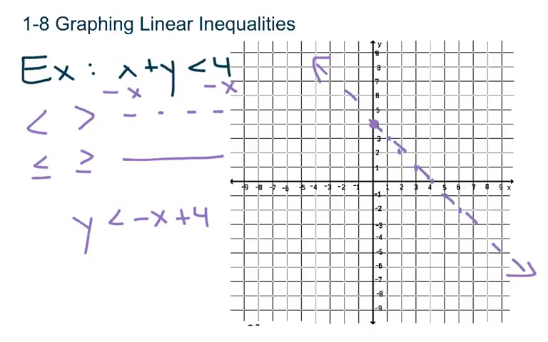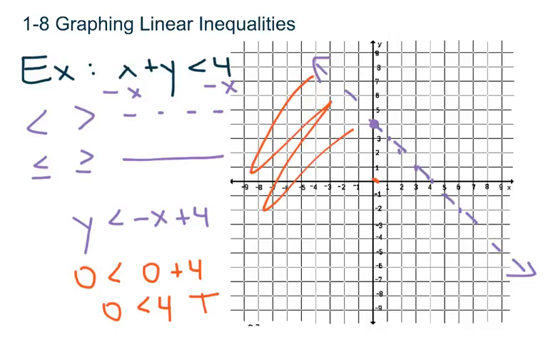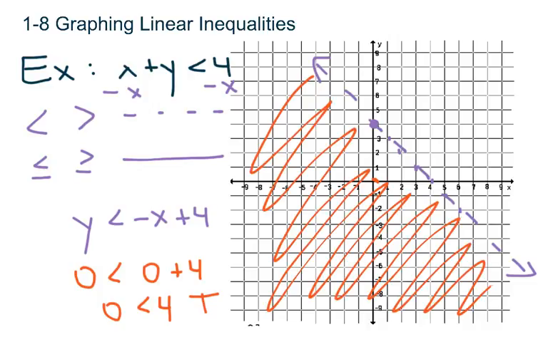So maybe you were told in Algebra 1 to test the origin because it's 0, 0, makes it really easy to plug in. So if you plug in 0 for x and 0 for y, is 0 less than 4 true or false? Well, it's true. That means that all the ordered pairs on this side of the line must be true, so that would be the side of the line that I would shade.